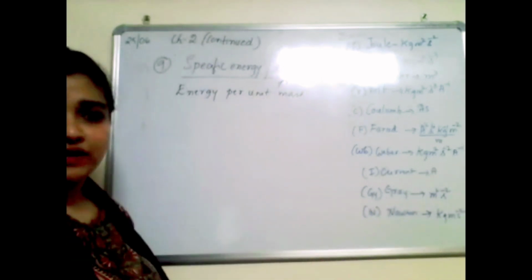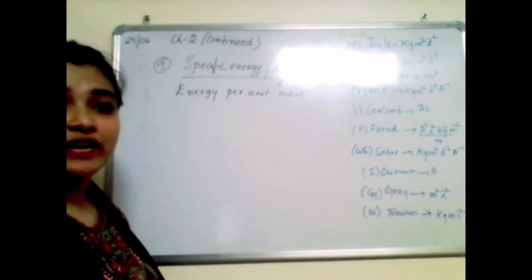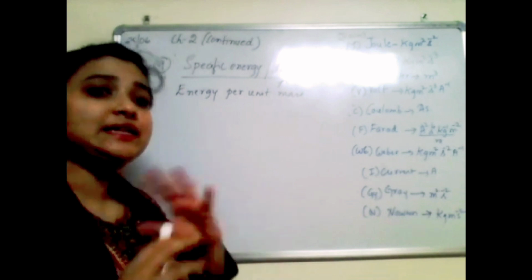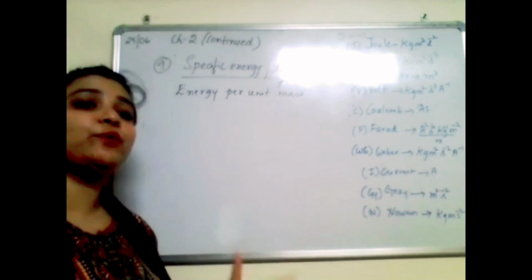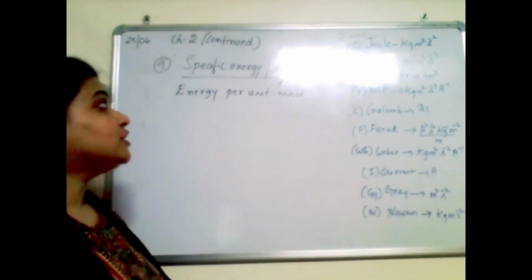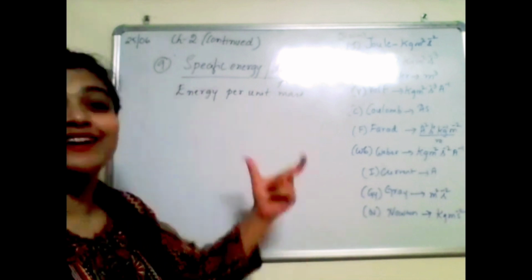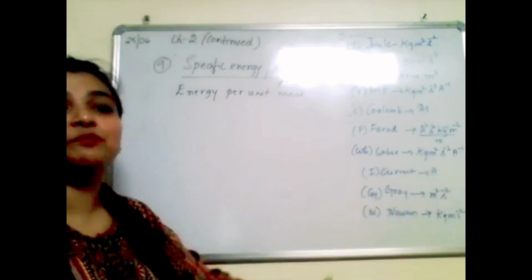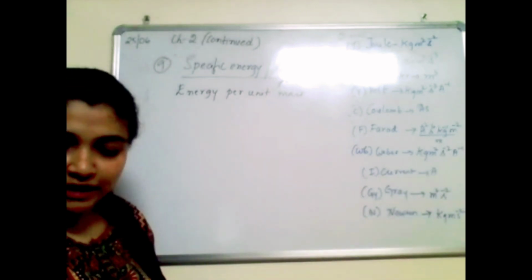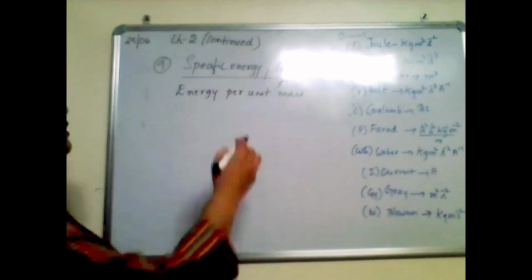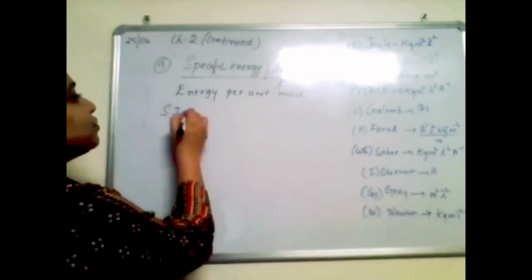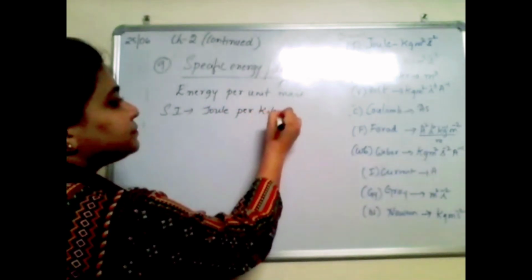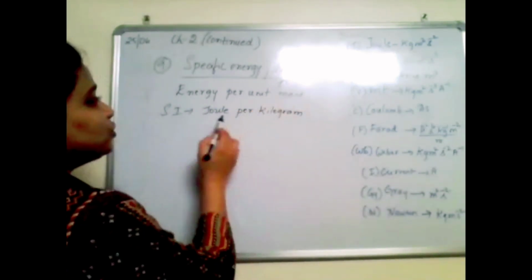See, energy can be anything. It might be kinetic energy or potential energy. You can write potential energy per unit mass, or kinetic energy per unit mass, or both together. So specific energy is nothing but how much energy is stored per unit mass. We give its SI unit as joule per kilogram. Why joule?